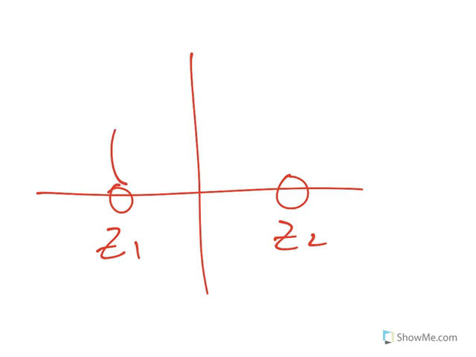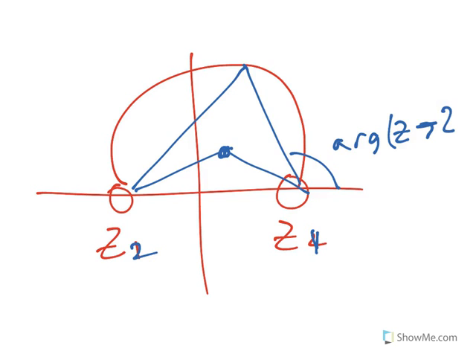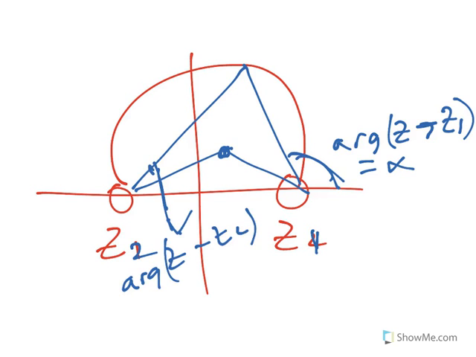So when you've got this situation, if that is z1 and z2, and you have your acute angle here sitting on top of there, the centre for this one will be in the middle there. The argument of z minus z1 is what that angle there represents. This angle here is the argument of z minus z2, which is equal to beta.